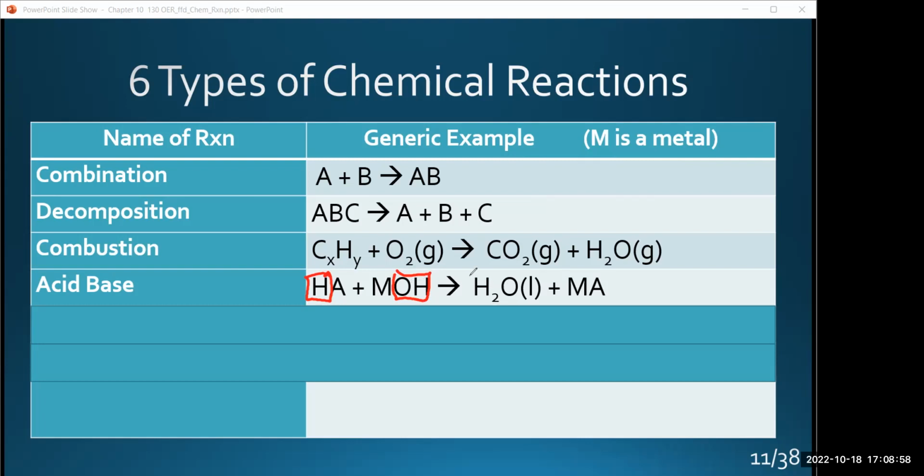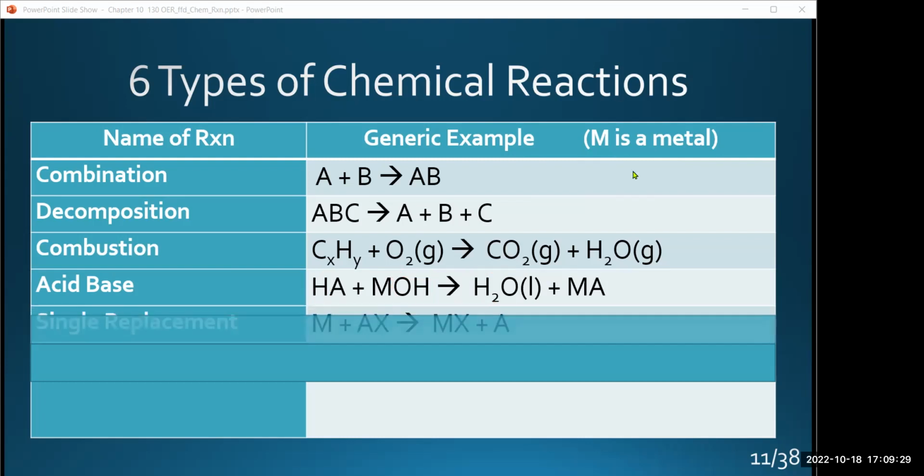Both of them react and neutralize each other to form water. And then we have the corresponding salt, whatever that salt may be, with the metal of the base and the anion, the nonmetal of the acid, okay? To balance these, the best thing is to follow the proton and the hydroxide. Balance those first, and the rest of the reaction balance falls into place by default, okay?